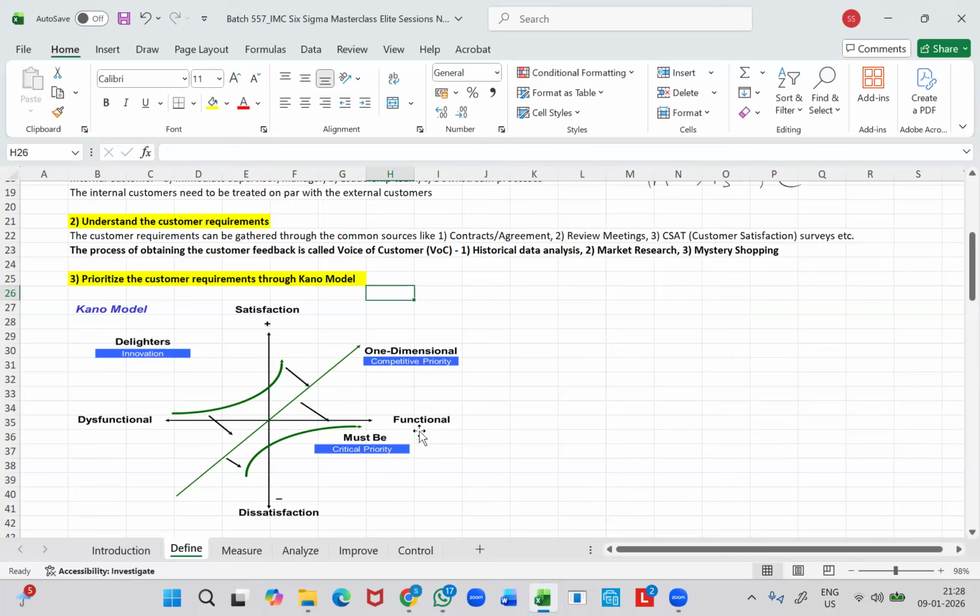If that doesn't happen, the customers would be highly dissatisfied, right? So this is the catch here. We need to remember that a delighter, when consistently provided over a period of time, will become must-be in the minds of the customer, because the customer would start expecting those delighters to be provided forever, right?